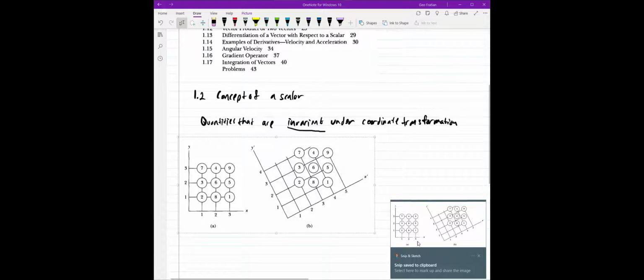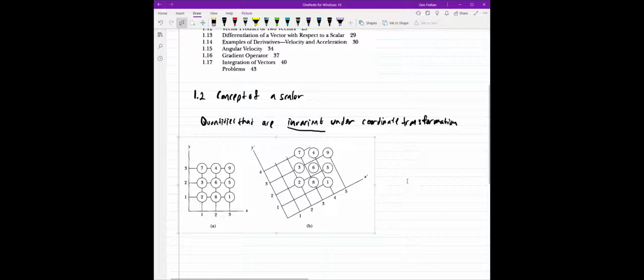Here's an example. We have all these points, like you can think of a crystal lattice or whatever you want to call it. Then we rotate our coordinate axes to be x prime, y prime. Notice that the actual positions of these don't change. It's still in that square shape. But it wouldn't make sense if I looked at a point and evaluated its mass to be different, right?